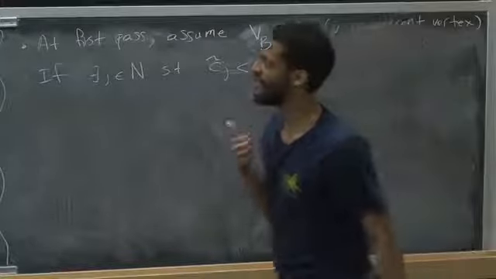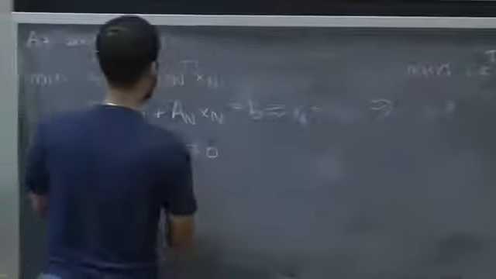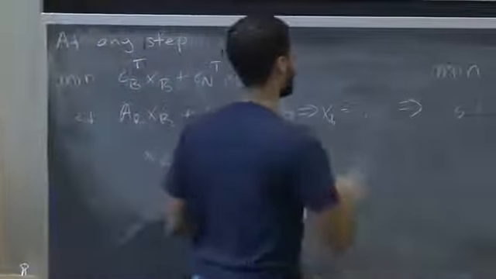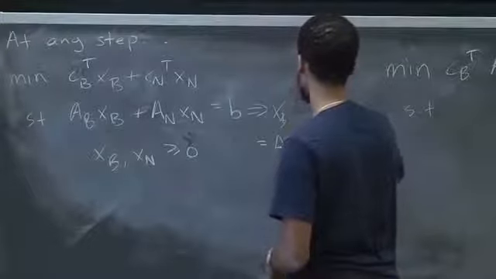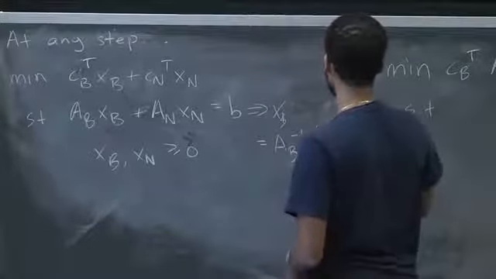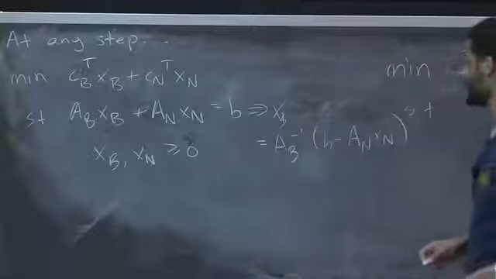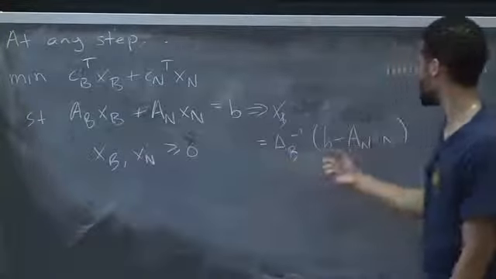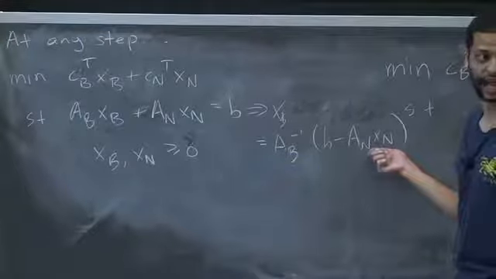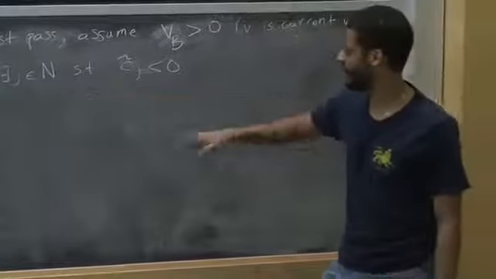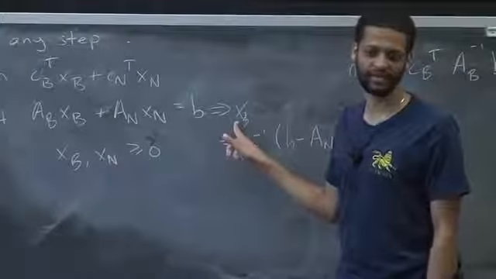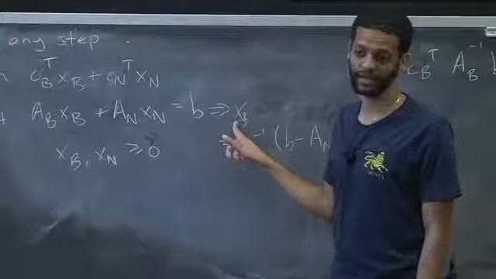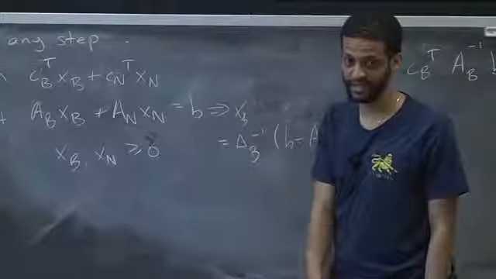Notice, though, if I actually write this out, x_B is equal to A_B inverse applied to b minus A_N x_N. So the variables in B actually depend on the variables in capital N. So if I take this vertex and start incrementing the jth coordinate, and j is in capital N, I'm implicitly adjusting some of the variables that are also in B. And some of them are going to start maybe decreasing.